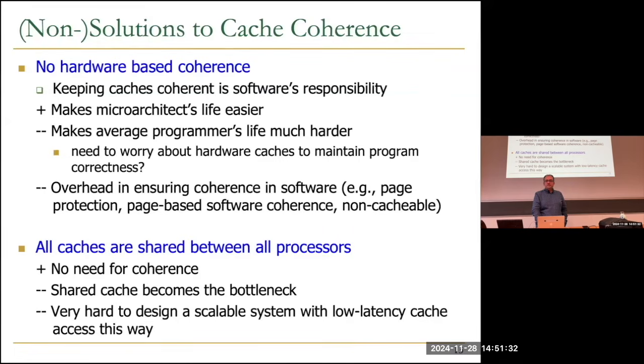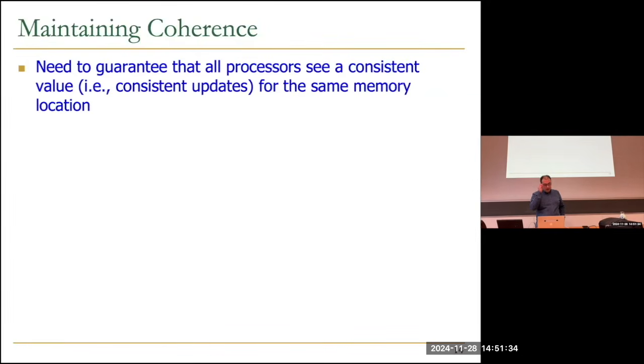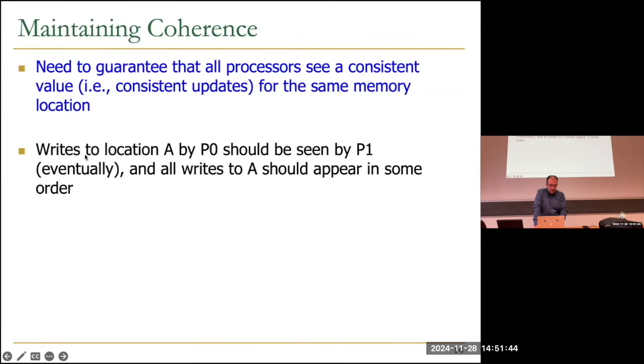Question? Okay. So in order to maintain coherence, we need to guarantee that all processors see a consistent value or consistent updates for the same memory location. Writes to location A by processor 0 should be seen by processor 1 eventually. It doesn't need to be communicated immediately, but eventually needs to be observed.